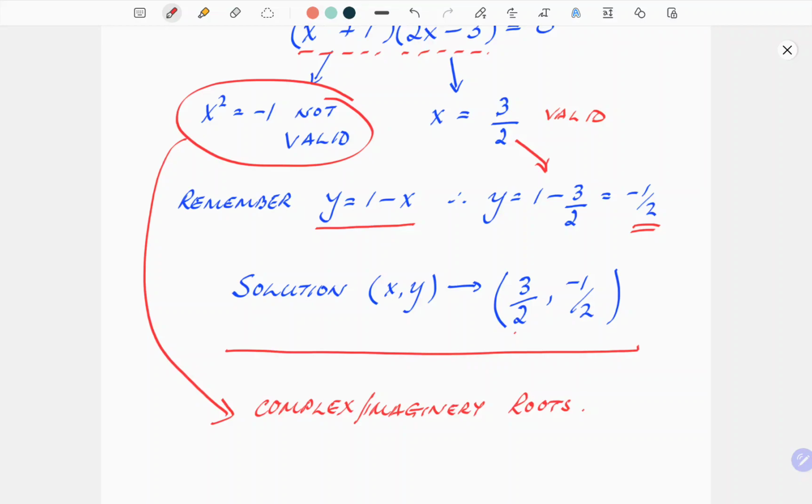That's something we're not going to go into in the scope of this video, because that's not something that's required for the Olympiad questions. But they do exist if you are doing further maths, but I'm not going to, as I said, cover that in the scope of this video.